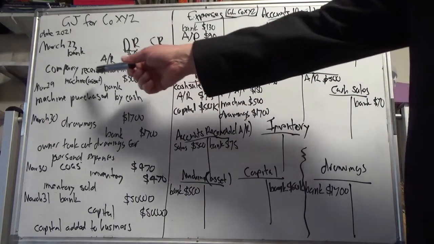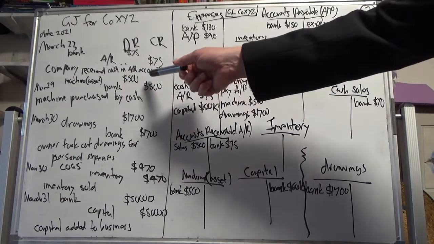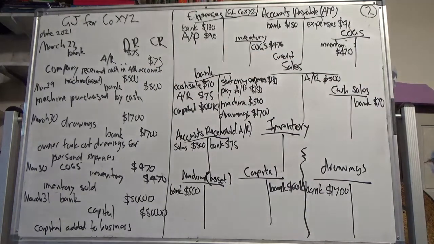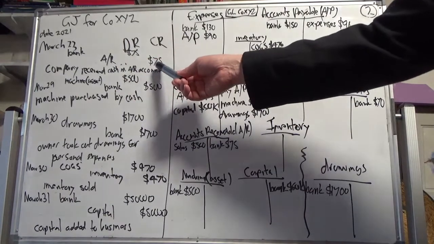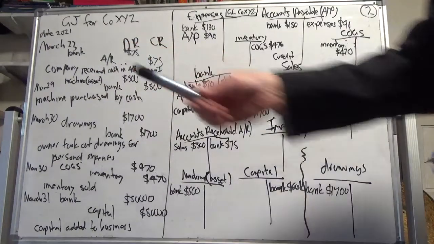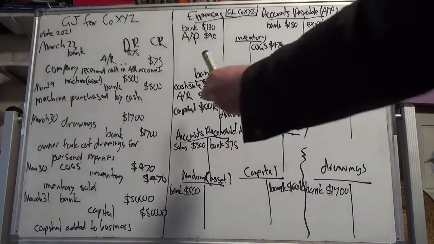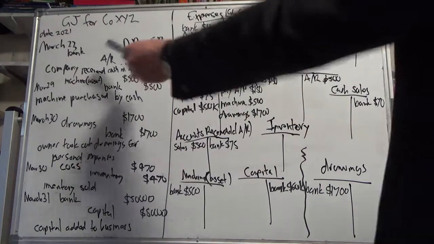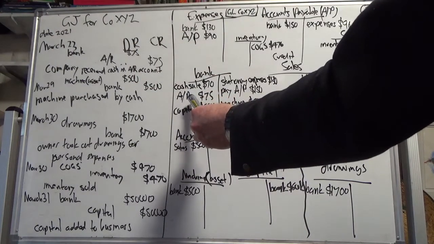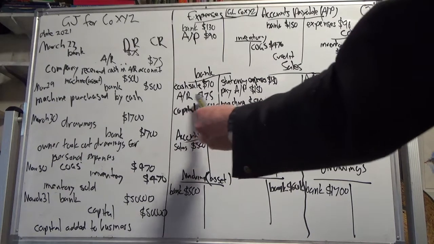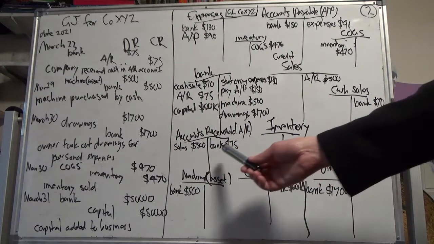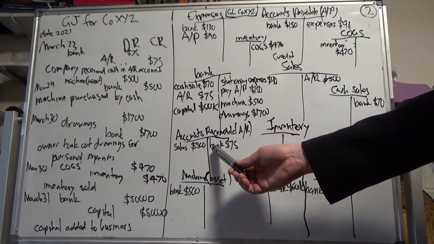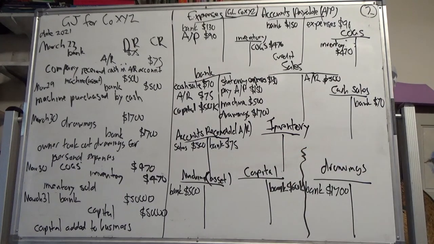March the 23rd, the company received cash in the accounts receivable account, so you reduce the accounts receivable account credit. Credit accounts receivable 75, debit bank. And so posting it, first you go to bank, we're looking for 75, and label it the opposite thing, accounts receivable 75, go to accounts receivable, and credit accounts receivable, reduce it, and label it bank, 75.